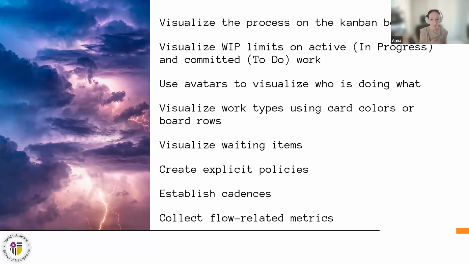Or the definition of ready, which I already mentioned, should have some specific criteria for items to actually pass it. This is also your policy. So make sure that all rules of work and agreements are defined, established, and ideally also visualized in a place where everyone can access them. Establish cadences.